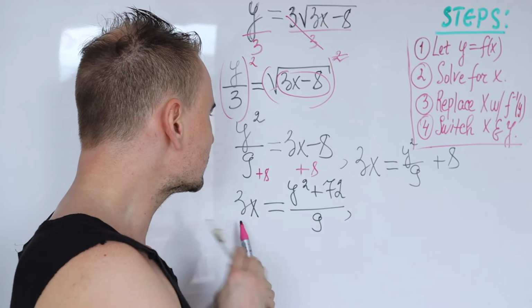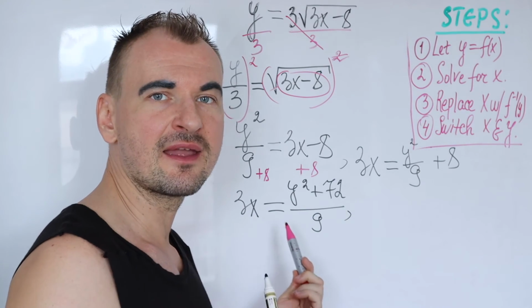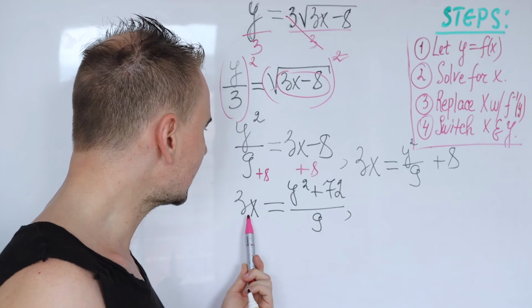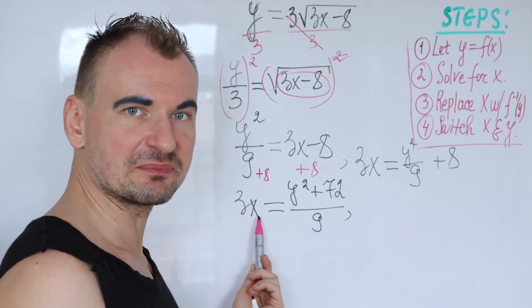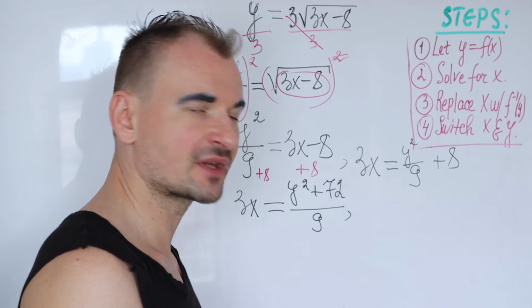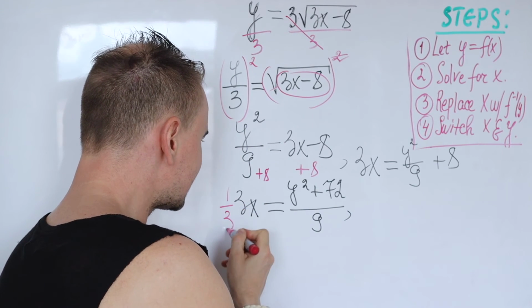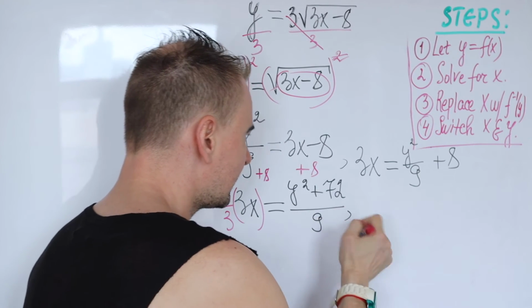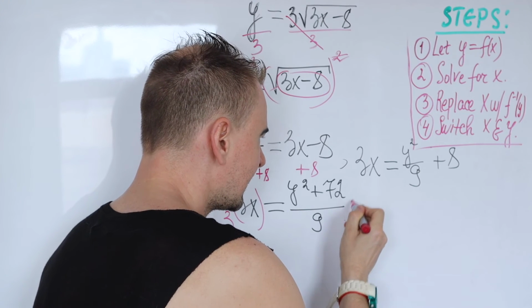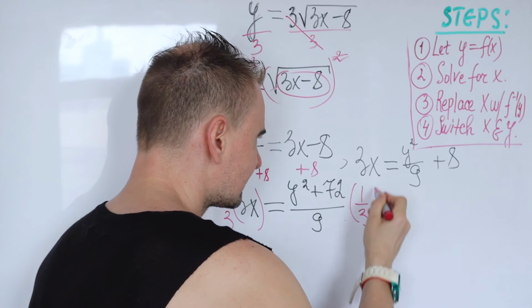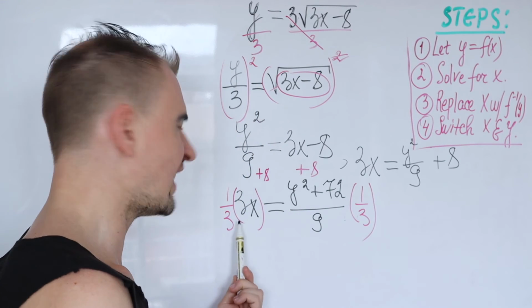So basically we want to divide both sides by 3, to undo this multiplication by taking the inverse operation, division. But instead of this, I would just multiply both sides by a third. It's the same thing as dividing by 3.